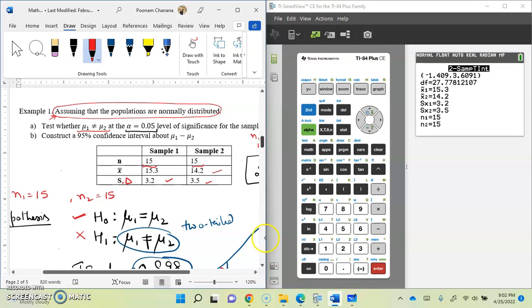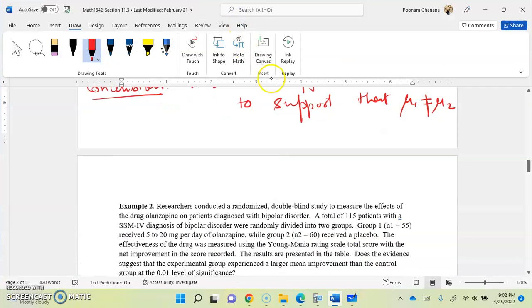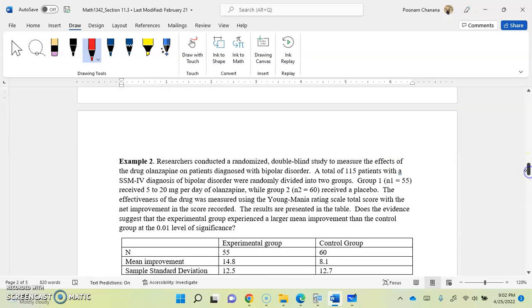Let's go back to our notes. Let's read question number 2. Researchers conducted a randomized double-blind study to measure the effects of this drug they're talking about on patients diagnosed with bipolar disorder.